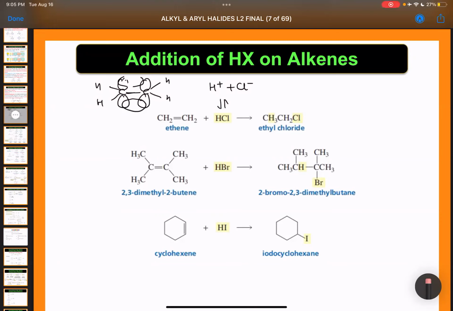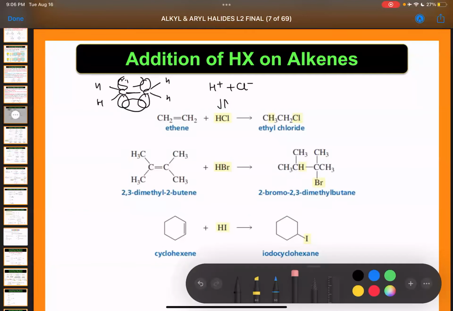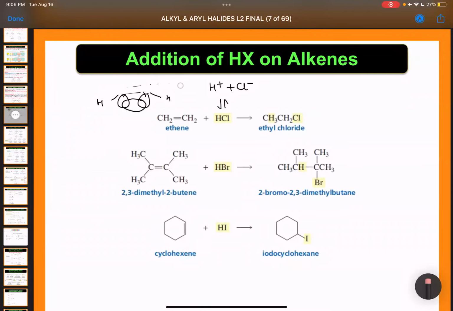So what happens is H plus is an electrophile, Cl minus is a nucleophile. The H plus comes and gets attracted toward the pi electron. So H plus tries to accept the electron from the pi bond.